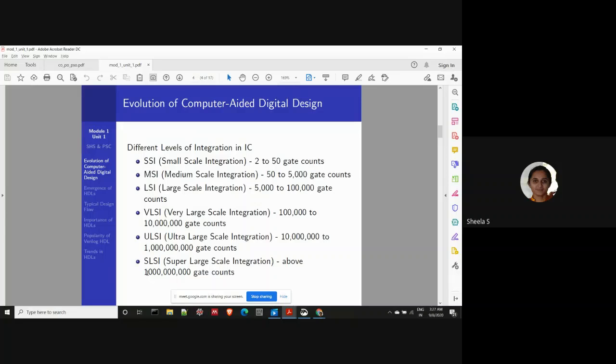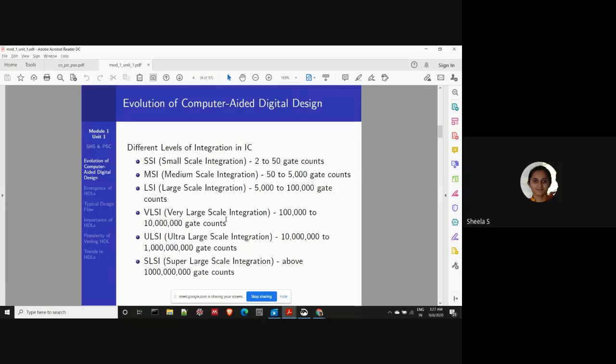We have all these levels because, depending on the requirement, whether we need fewer gate counts or more gate counts, we will select one of these levels of integration accordingly. One example I would like to give is the motherboard of the computer.